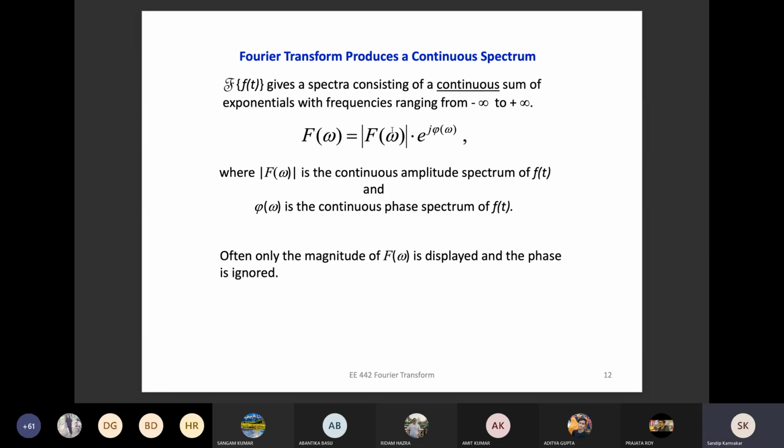So F(omega) equals mod F(omega) into e to the power j phi(omega), where mod F(omega) is the continuous amplitude spectrum of f(t) and phi(omega) is the continuous phase spectrum of f(t). Often only the magnitude of F(omega) is displayed and the phase is ignored.